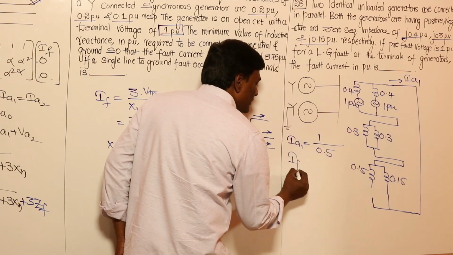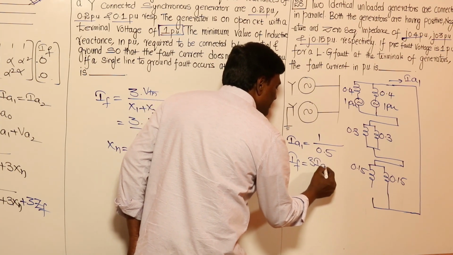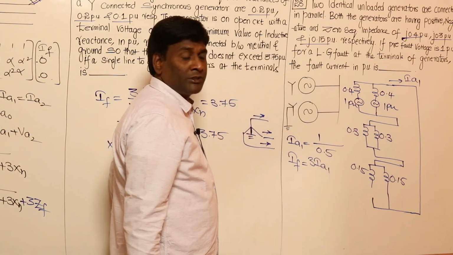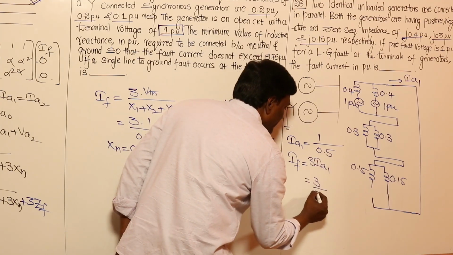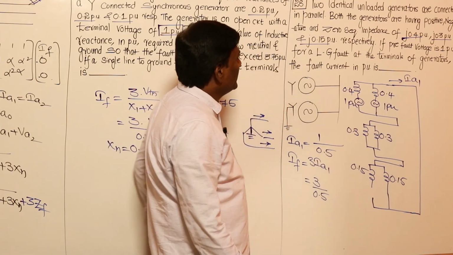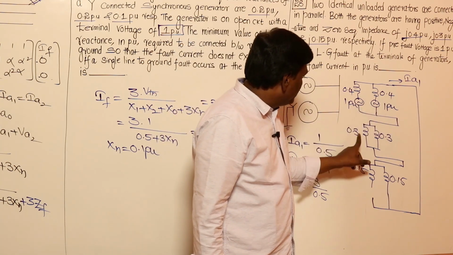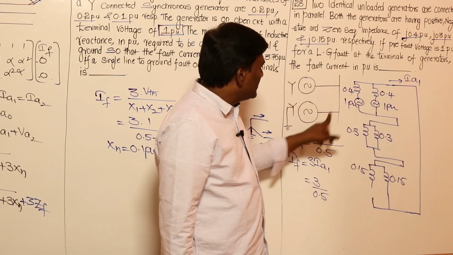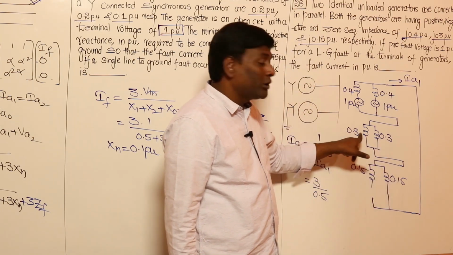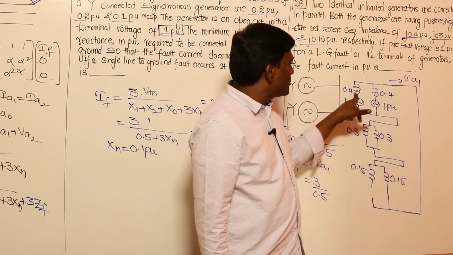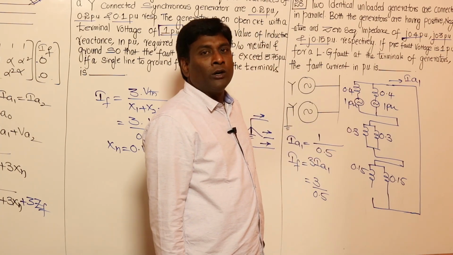What is the fault current? The fault current is going to be 3 times IA1 or 3 times IA0 or 3 times IA2. So this is going to be 3 divided by 0.5.